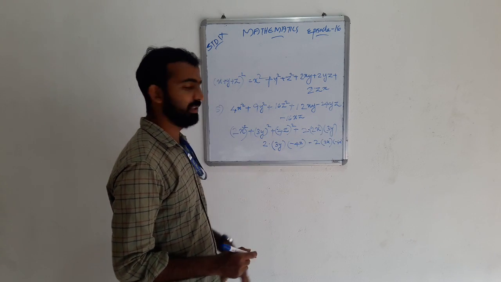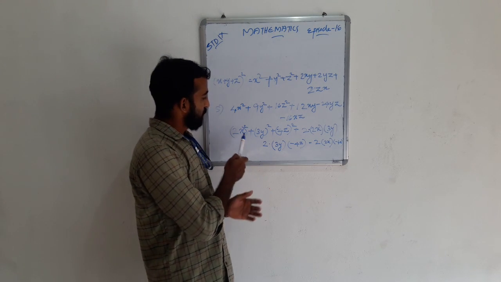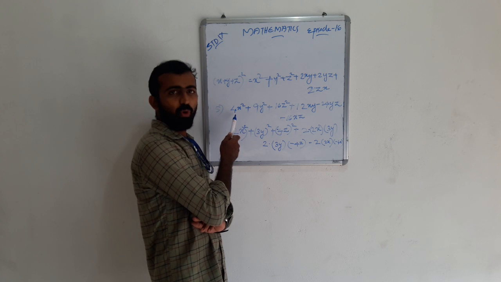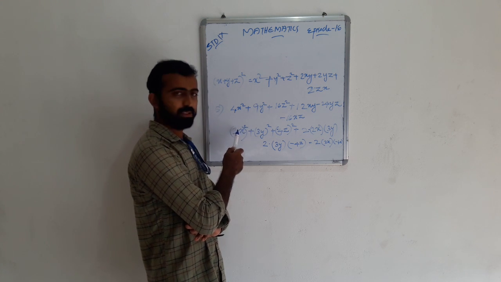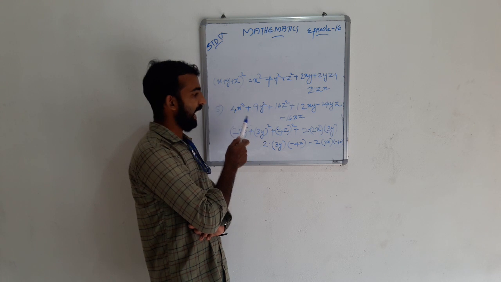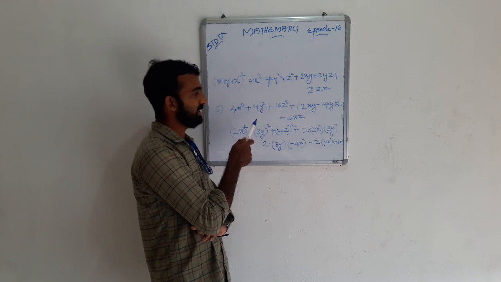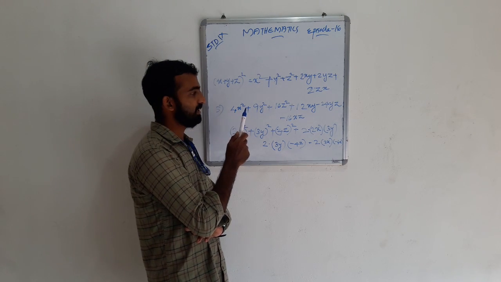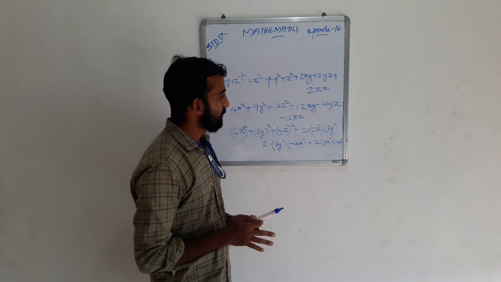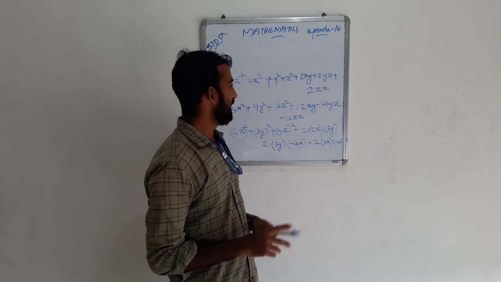Are all equal? 2x the whole square means 4x square, and 3y the whole square means 9y square, and negative 4z the whole square means 16z square, plus 2 into 2 we get 4, 4 into 3 we get 12.